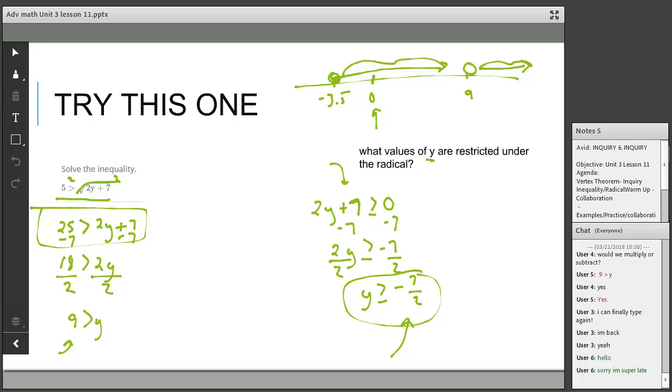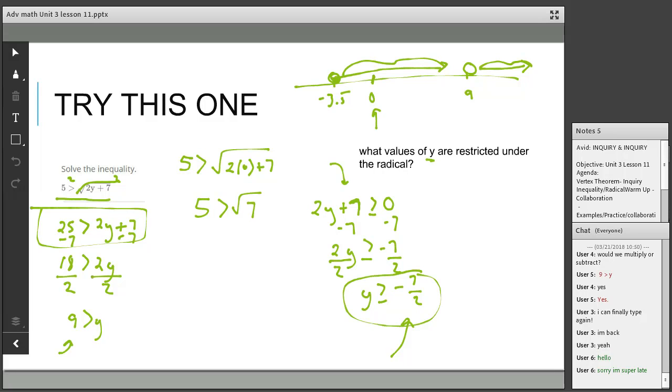So we have to test our values in both these intervals and see if any of them work. An easy one to test is going to be 0. So let's put a test value from that interval. We say 5 is greater than the square root of 2 times, instead of y, we're going to put 0, plus 7. Okay, 5 is greater than the square root of 7. Who's my master square root person?